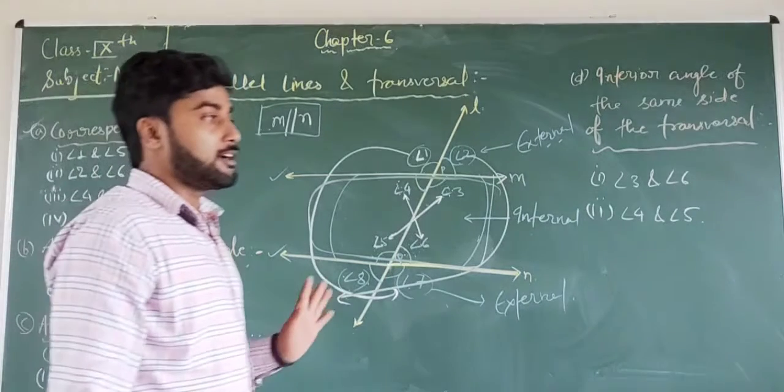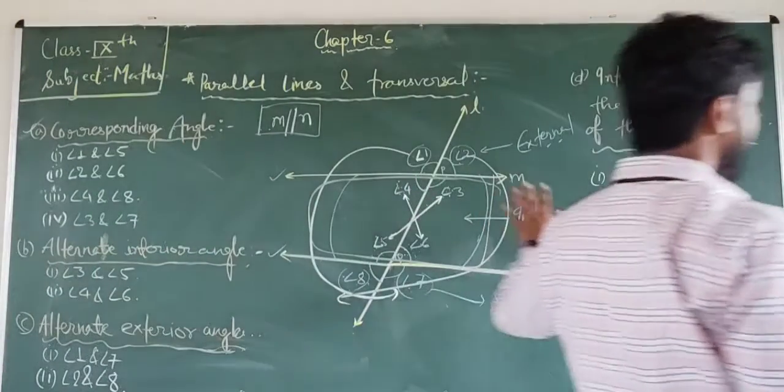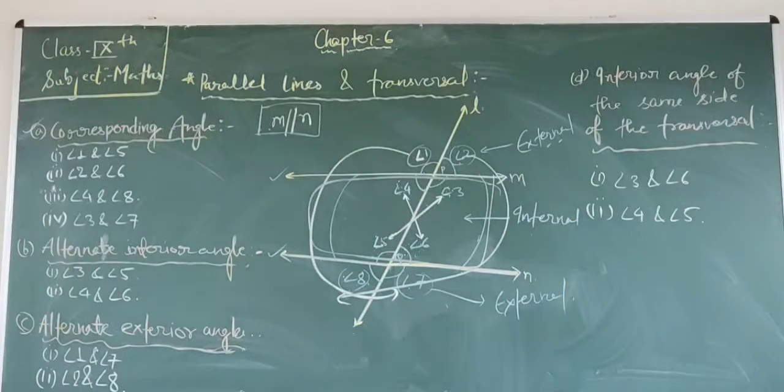When M is parallel to N, corresponding angles, alternate interior angles and alternate exterior angles are equal to each other.